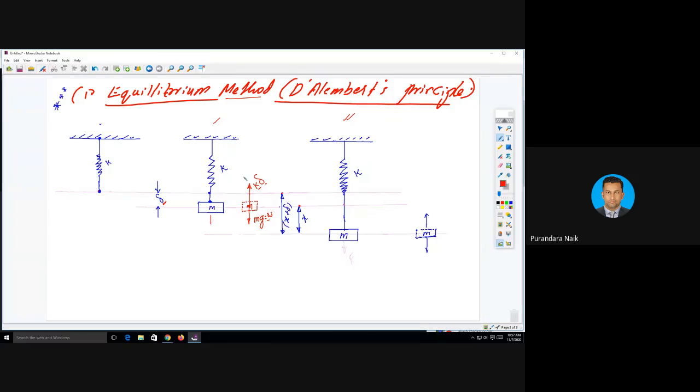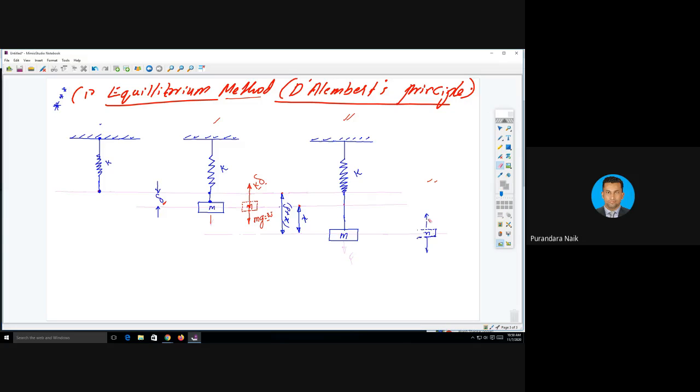We have taken the forces in the second position. We have only two forces, that is K delta and mg. One is upward and the other is downward. So it is in equilibrium position. I have to analyze the forces in the third position also. The third position is not similar to the second position because we have applied an external force. So I'm going to analyze the forces in this figure for the third position.